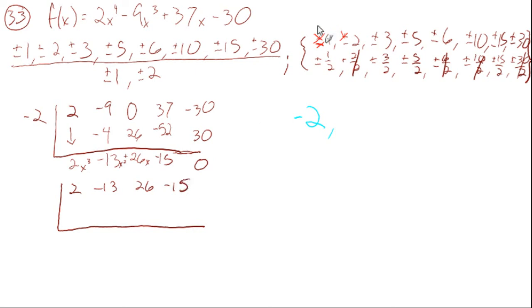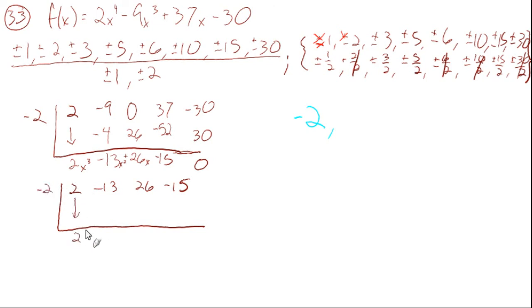We know that positive 1, negative 1, positive 2, none of those work. Something to keep in mind, though, just because negative 2 is a 0 doesn't mean it couldn't be a 0 again. That negative 2 could show up multiple times. I don't think it's likely, but we might as well try it. We'd hate to skip over it and then find out that that was it the whole time.